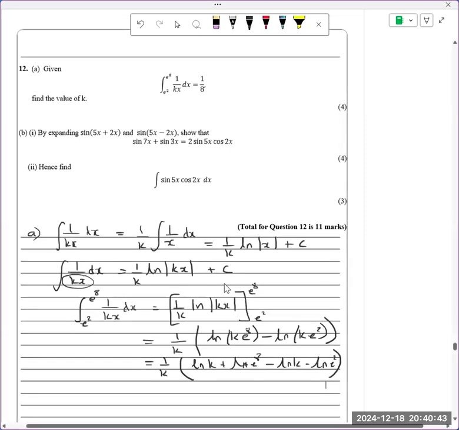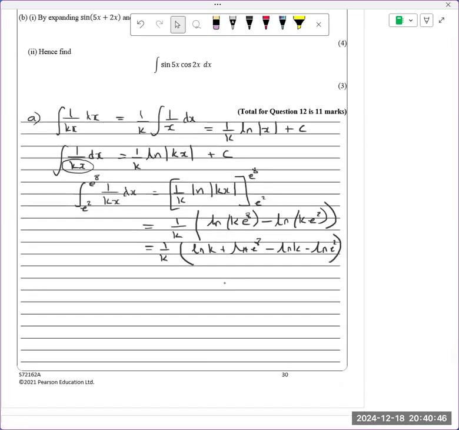So the ln of k's cancel out, which is why I didn't really need them in the first place. Ln of e to the 8 is just 8. Ln of e squared is 2. So that is 6 over k. So that is my answer to that one.